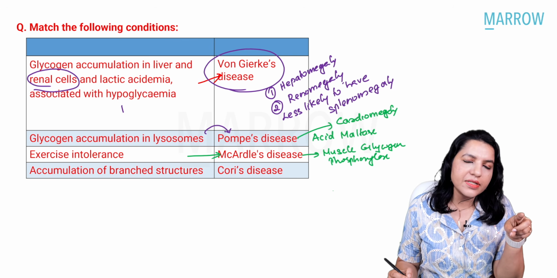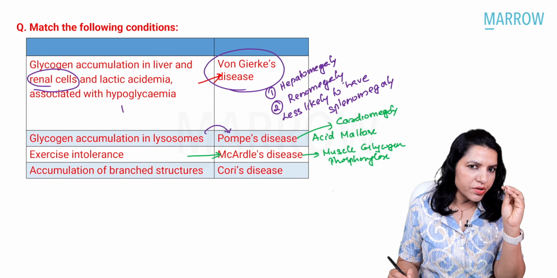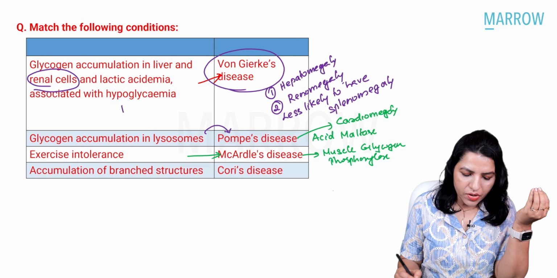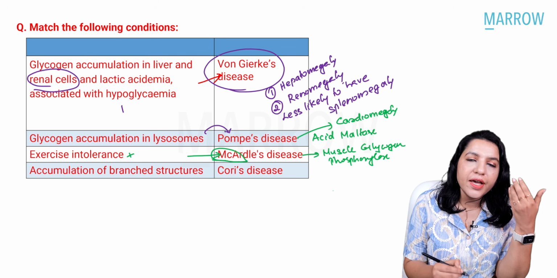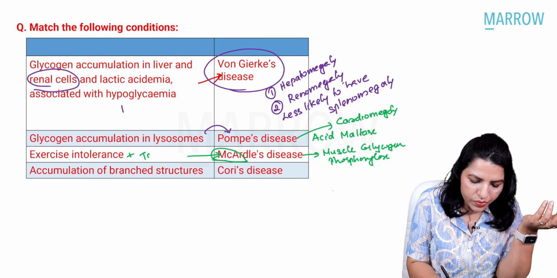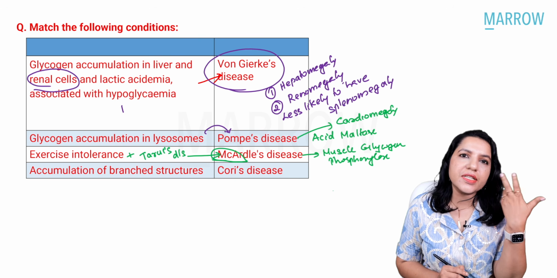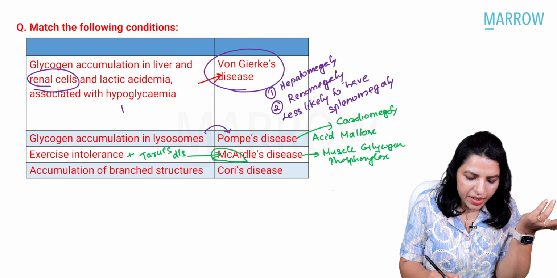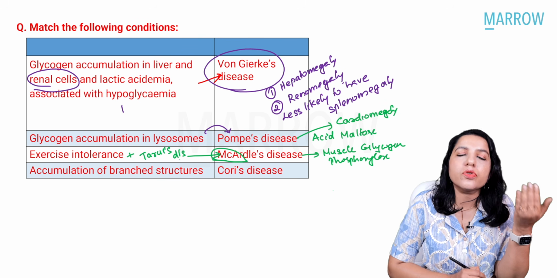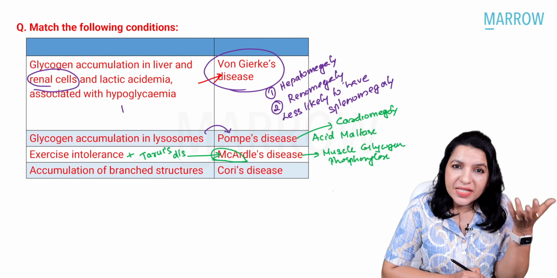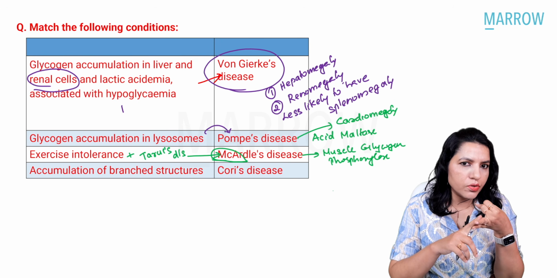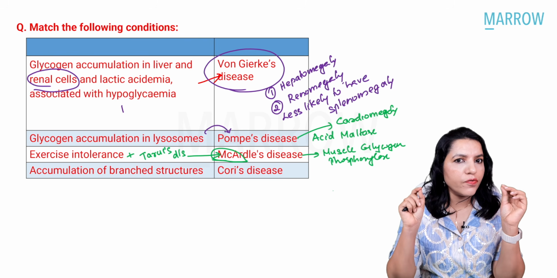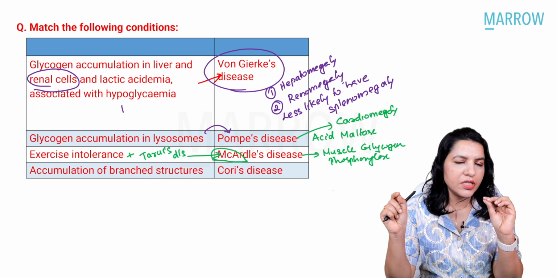The next muscle glycogen storage disorder with exercise intolerance is Tarui's disease. What is the enzyme defect in Tarui's disease? The enzyme defect is the erythrocyte and muscle phosphofructokinase. So, the muscle or erythrocyte form of phosphofructokinase. That is the defect in Tarui's disease.